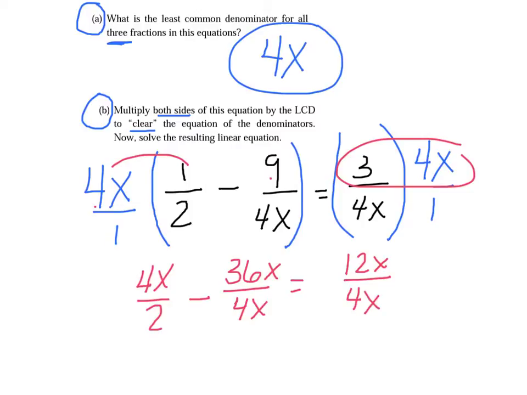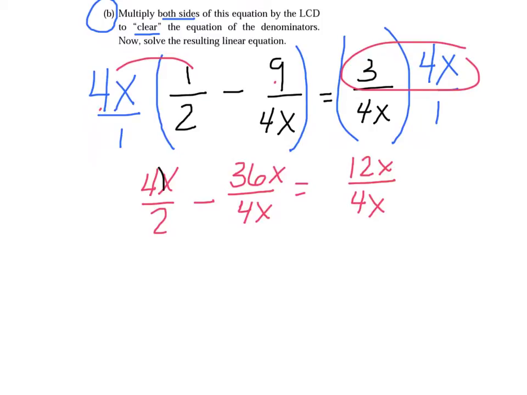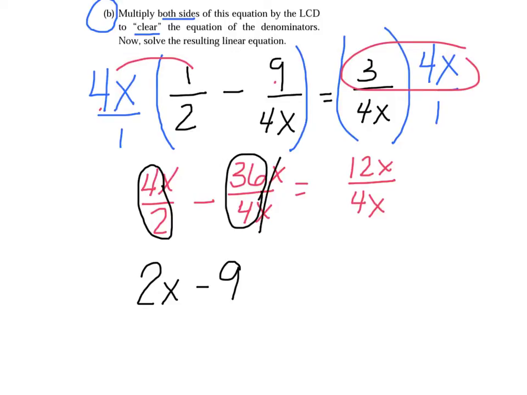Now the whole point is I should clear the fractions. Watch what happens next. 4 divided by 2 gives me 2x minus sign. 36 divided by 4 gets me 9, and the x's cancel, equals, notice the x's will cancel again, 3.